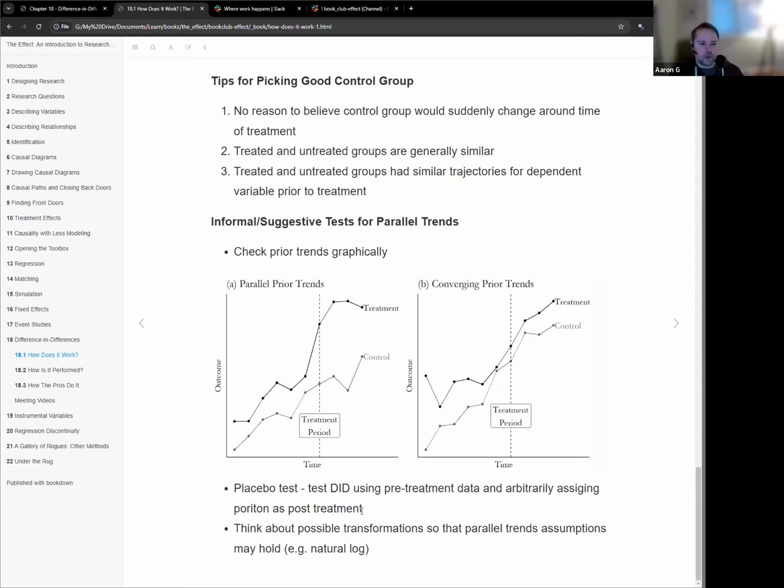And then one other thing that you might run into, you may have a treatment group and a control group where the trends are actually exponential. And of course, if you have exponential trends, you're no longer looking at something that's parallel. So in that case, you would want to apply a transformation like a natural log that gets those parallel trend assumptions to hold.